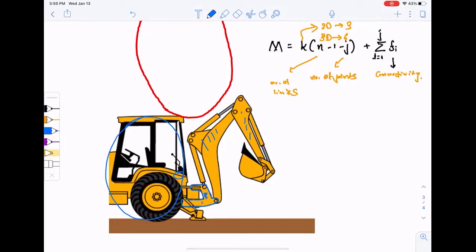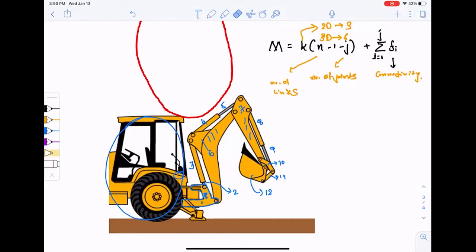Over here it is first, this one over here is second, this one is third, fourth, fifth. Over here this is six. This is seven. This is eight. This is nine. This is 10. This is 11. This is 12. So we have a total of 12 links.